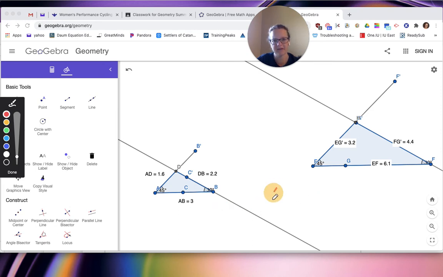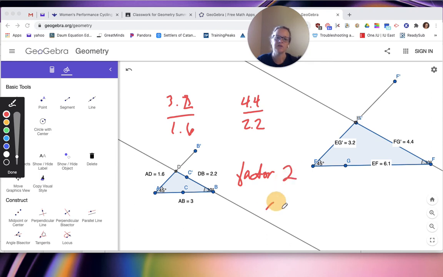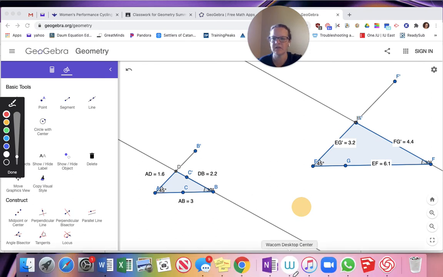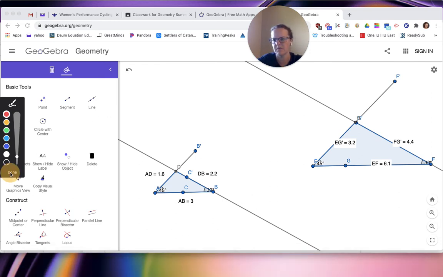It's getting bigger, so 6.1 over 3 should be the same as 3.2 over 1.6 and 4.4 over 2.2. So it looks to be approximately a factor of 2, which means they are similar, not congruent, but we only did 2 angles that were the same and tried to make the rest of the triangles as different as possible.